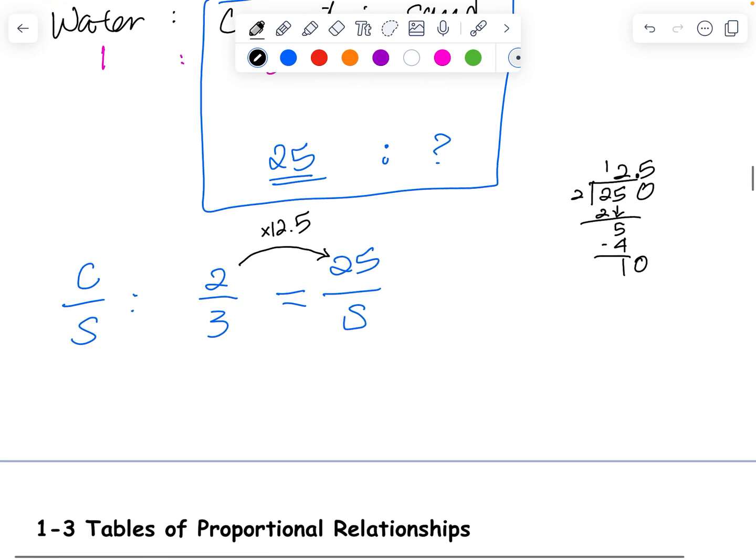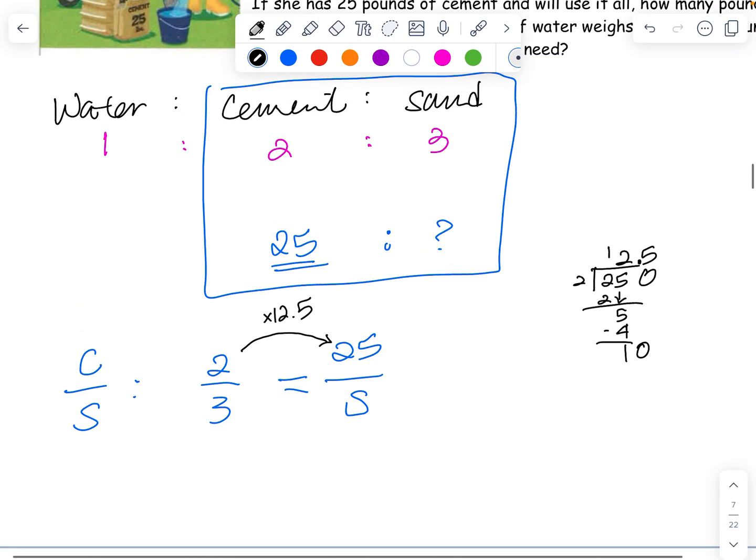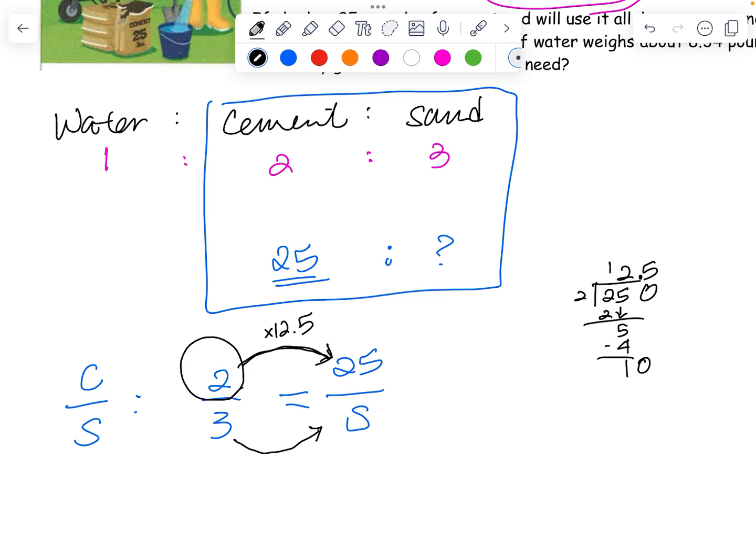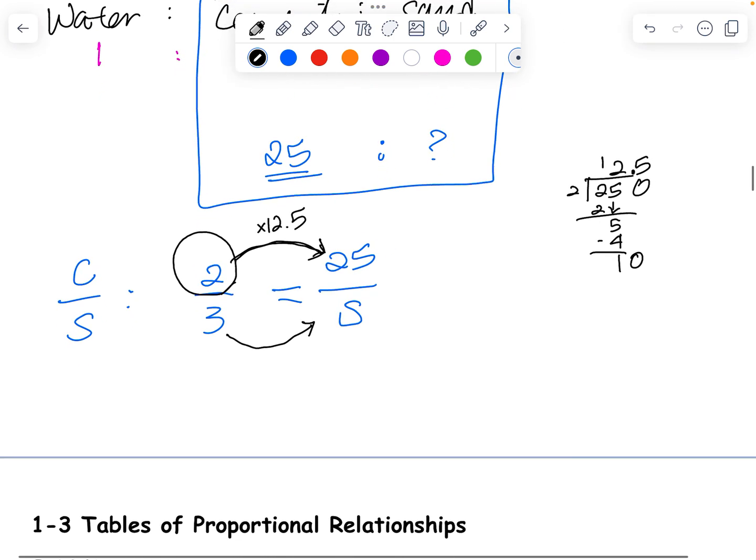To make this constant, the 2 parts of cement were multiplied by 12.5. So you do the same thing for the sand to make it consistent, to make it proportional. You multiply this by 12.5. So 3 times 12.5.